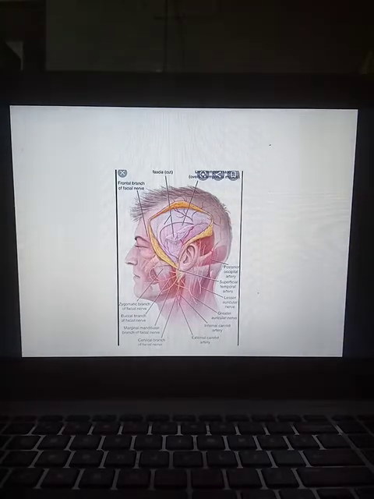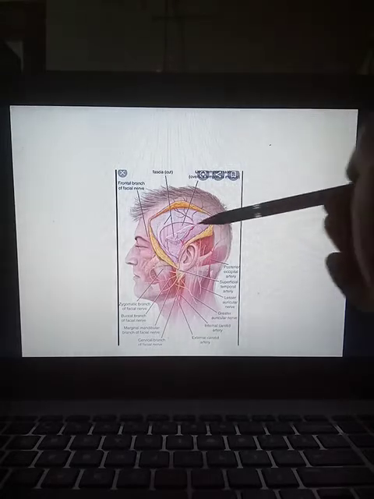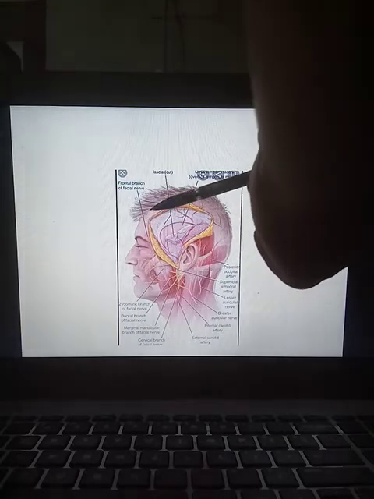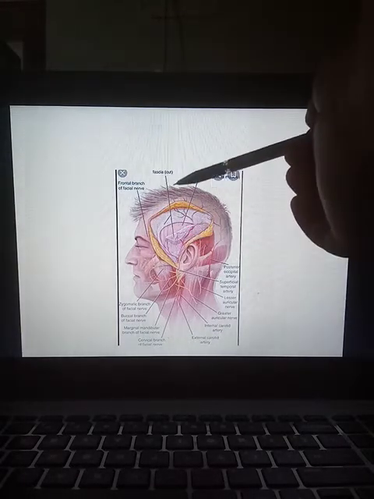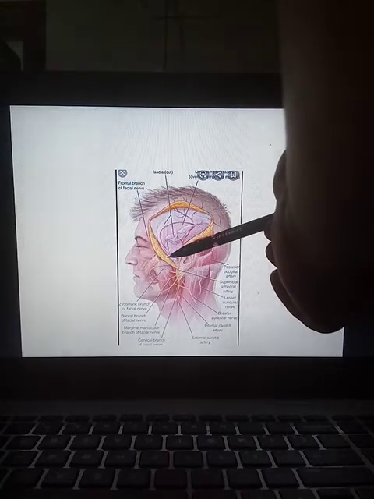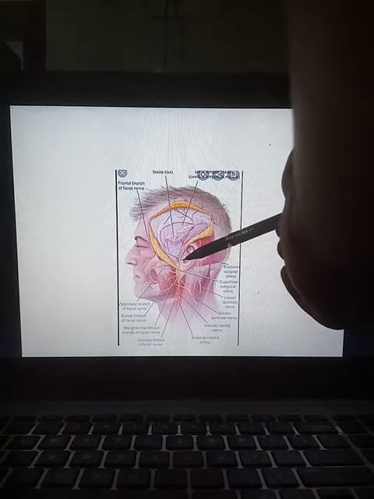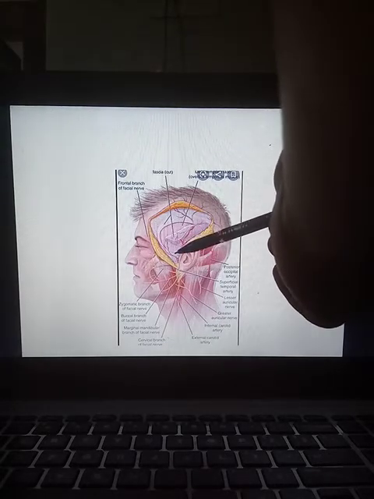So if we just summarize your temporal fascia, this is an aponeurotic sheath which is present over the temporal fossa. Fine, and it covers your temporalis muscle. Then superiorly it has one layer which is attached to the superior temporal line. Getting downward, it splits into two layers which are attached to the outer and inner lip of the zygomatic arch. And the contents within, what will be there?